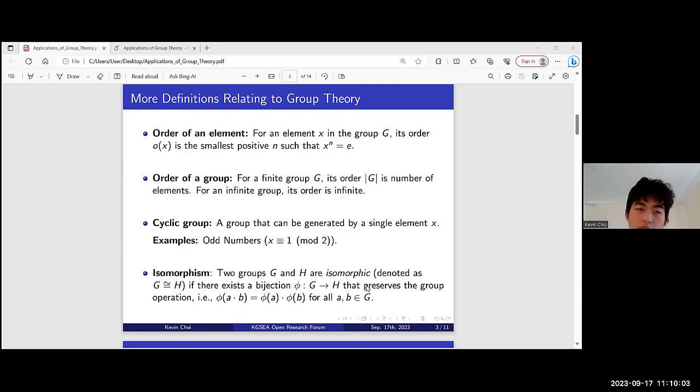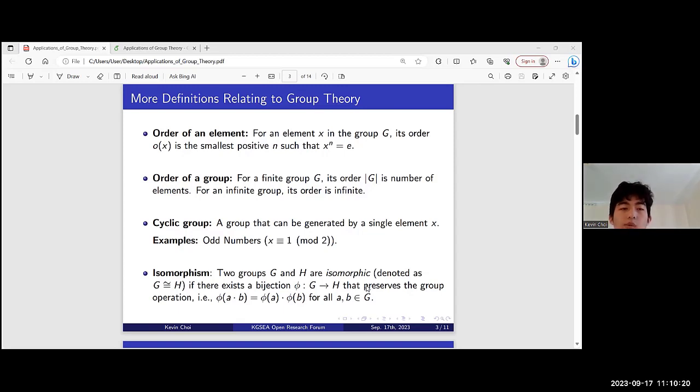Another one is the order of a group: for a finite group G, the order of G, written with absolute value bars to express it as a magnitude, is the number of elements. For an infinite group, the order is infinite.